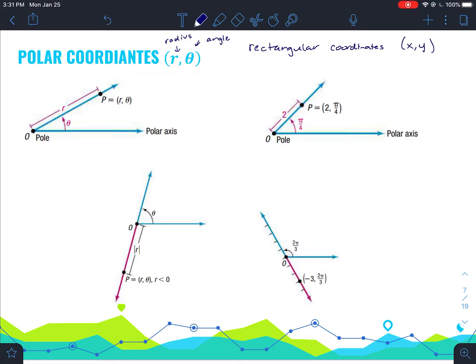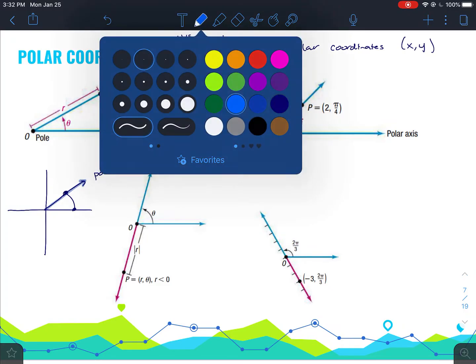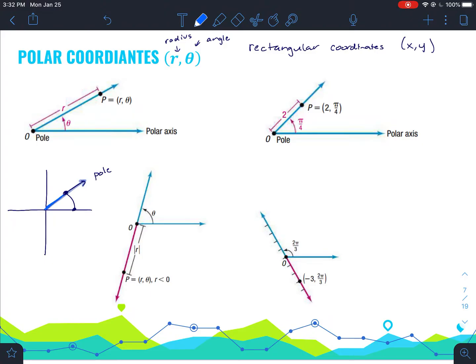When we are graphing in standard form, remember we start and then we rotate up. Now that terminal side is going to be called our pole. So that is our pole. And the length of our pole, if this is the length right here that we traveled out, that's going to be the radius.